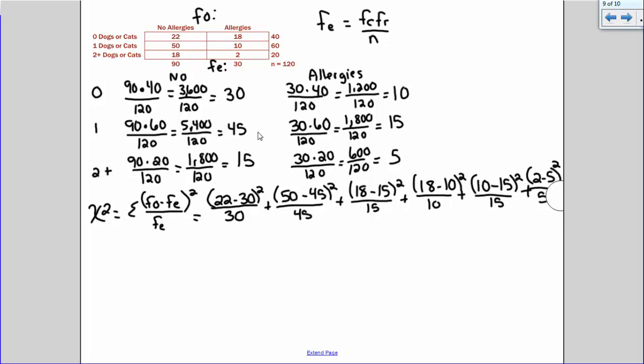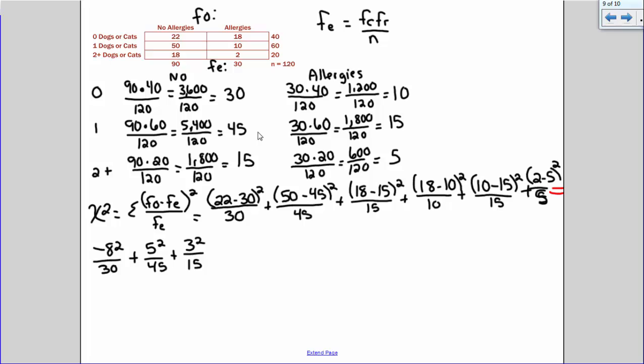And let's make that equal sign red. Okay. So 22 minus 30, so we end up with negative 8 squared divided by 30 plus 5 squared divided by 45 plus 3 squared divided by 15.